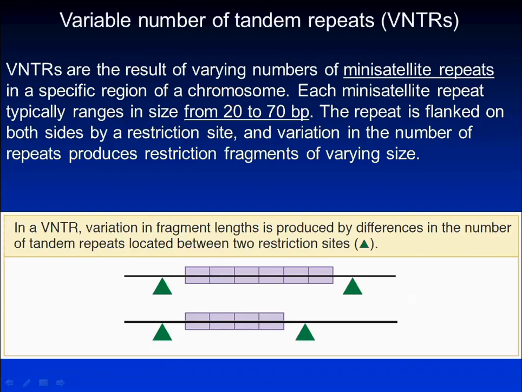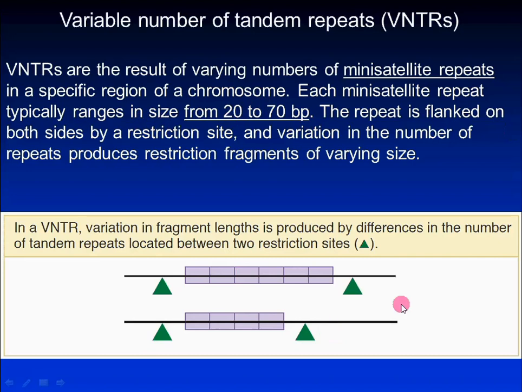Variable number of tandem repeats are the result of a varying number of mini-satellite repeats in a specific region of a chromosome. Each mini-satellite repeat typically ranges in size from 20 to 70 base pairs. For example, here are 2 alleles for a specific marker.